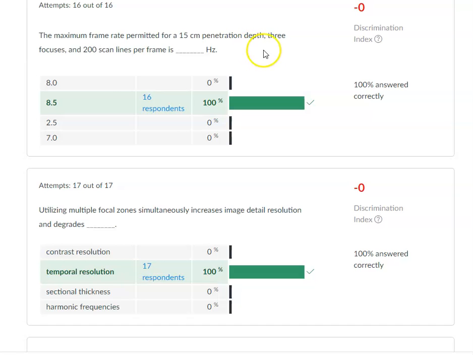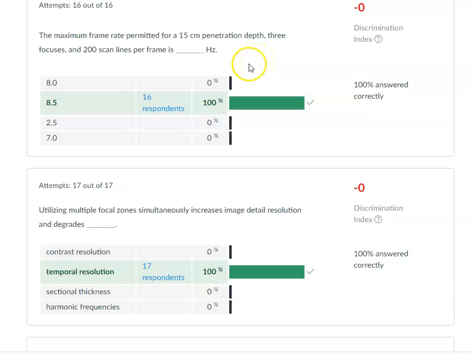You multiply that times 3, you multiply that times 200, and we end up with a period of time in seconds.